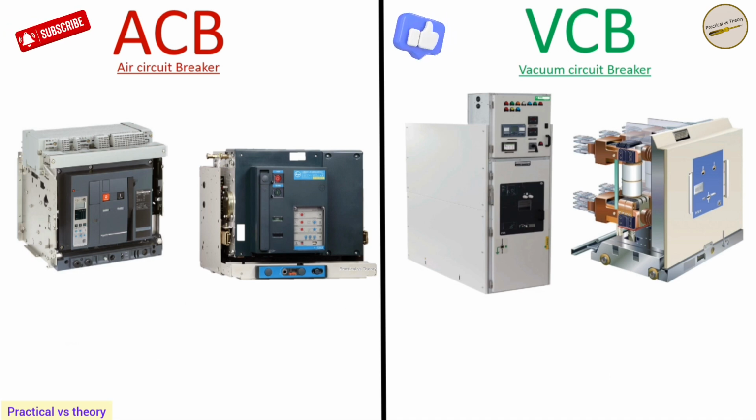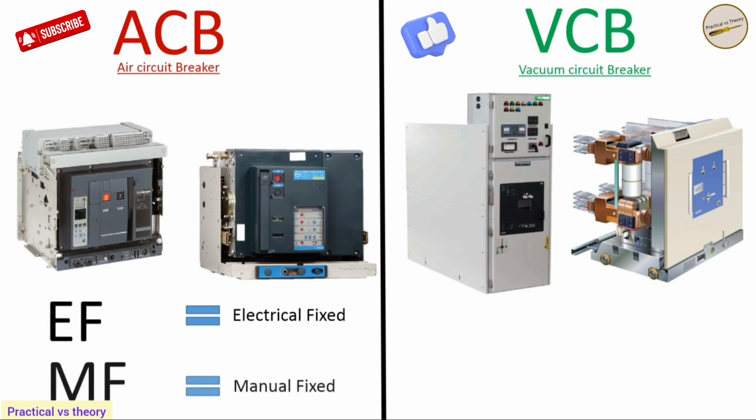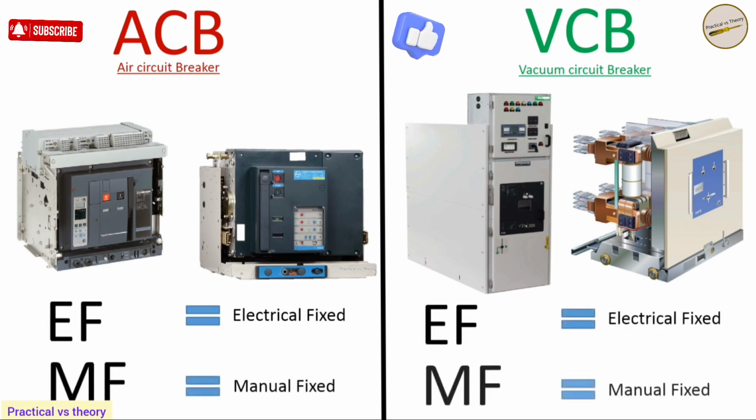Now, what's the difference with the third element? EF and MF. Look, these are EF and MF. I've already explained E, and I've also explained the meaning of M, and F means fixed. Fixed means the thing is connected right there. We can't move it. If I need to service it, I need to cut off its input supply. I need to cut off the busbar supply. I need to earth the busbar, and then you can service it there. After cutting off the supply, I need to earth it.